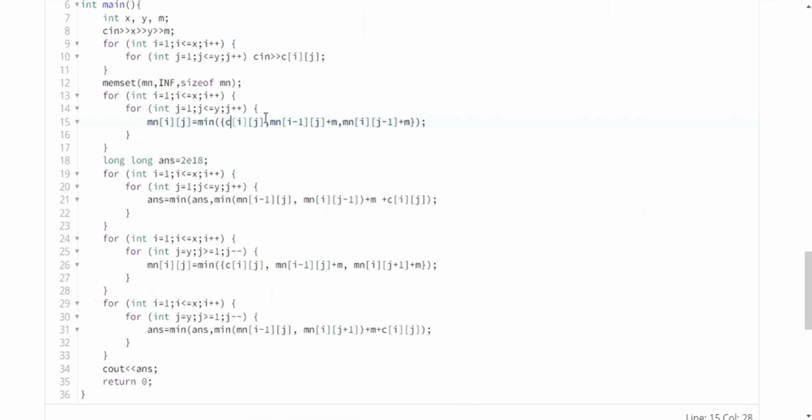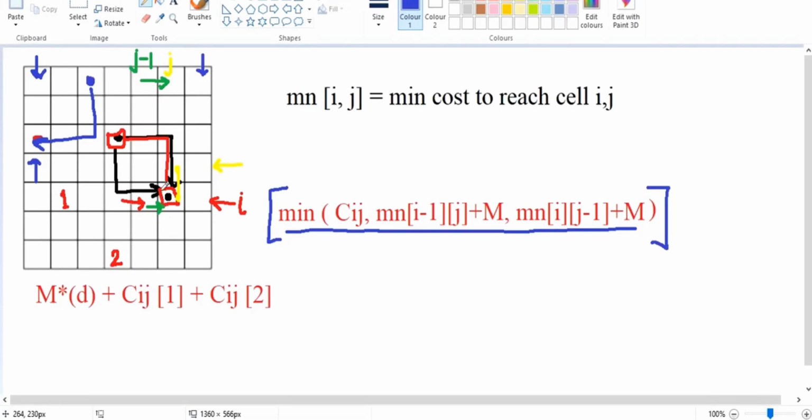So consider that this is your first bus stop that you are building. In that case, you will simply be considering the cost for building the bus stop. You won't be considering the cost for building up the road, right? Because it's your first bus stop. Now in case it's not your first bus stop, it means that it's your second bus stop that you are constructing. So either you have come in this particular direction, which is the downward direction, or from the leftward direction.